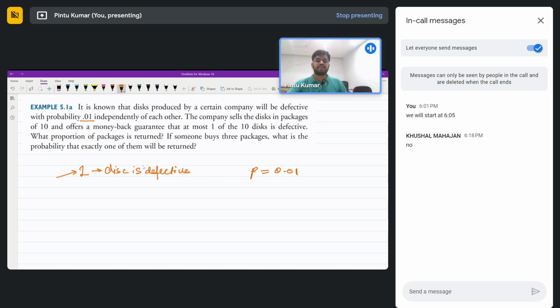The company sells the disks in packages of 10 and offers a money back guarantee that at most one of the 10 disks is defective. So if in a pack of 10 at least one of them is defective, then the company gives you a money back guarantee. Okay. So the first question is, what proportion of packages are returned? Okay. So actually you want to find the probability that your package is returned.